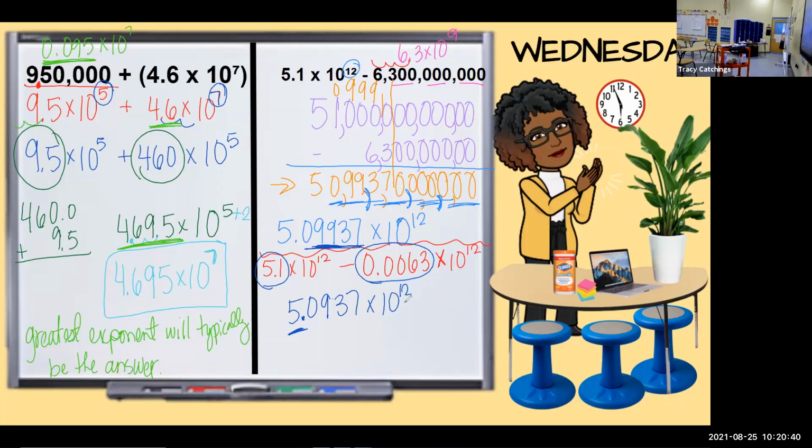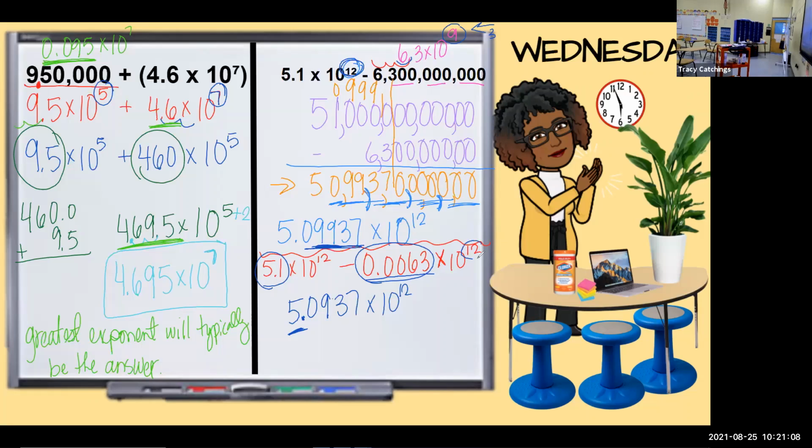All right, we're gonna look at some more and make sure we follow those steps. Like the first step for the second one told us to get it with the same power of 10, correct? So if you look up top, we had different powers of 10. We had a 12 and we had a 9. So then we would need the same power of 10. In this instance, we kept the 12. So if we keep the 12, that means we had to move this second one to the left 3 times to get an exponent of 12. So when we went left 3 times, that's how we ended up with 0.0063.